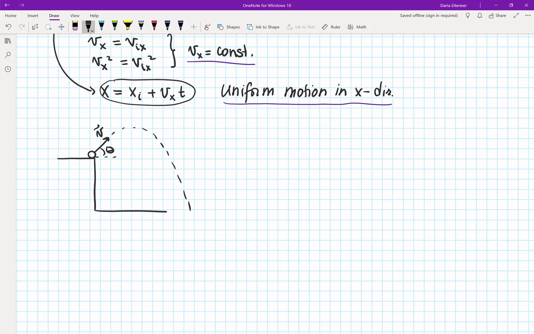So that by itself, the fact that I'm launching it at an angle, that should give you a clue to the fact that you would have to use either generic 2D equations or more specific projectile motion equations. Chances are, if you have something of that sort, so you have a parabolic path, right? So it's part of a parabola. So if you have a parabolic path, it's pretty much guaranteed to be projectile motion.